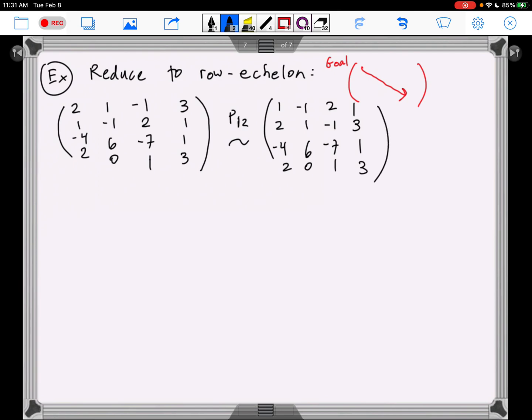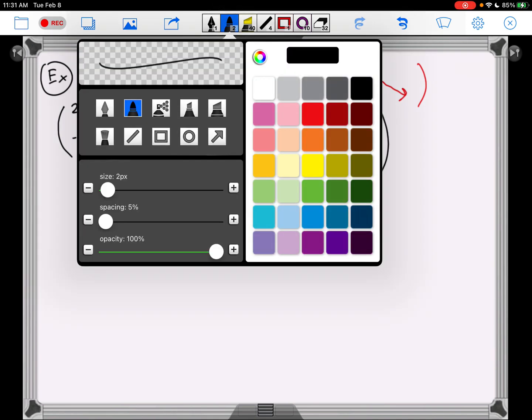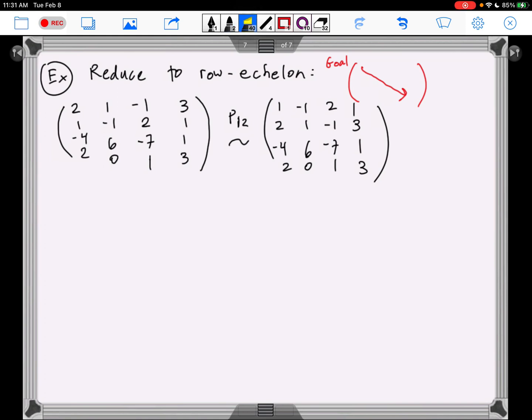Okay. Now what? Now we want to take all 3 of these guys, I'm going to highlight them, and turn them into a 0. The way we could do that, once you have a 1 up there, is we can add multiples of that guy to the other guys. So we're going to use our A operation.